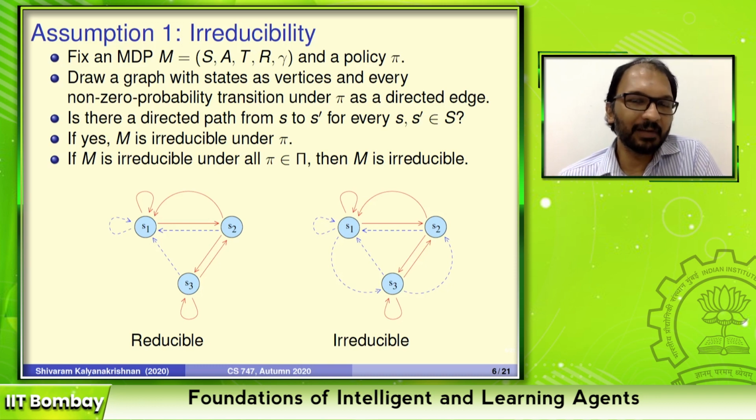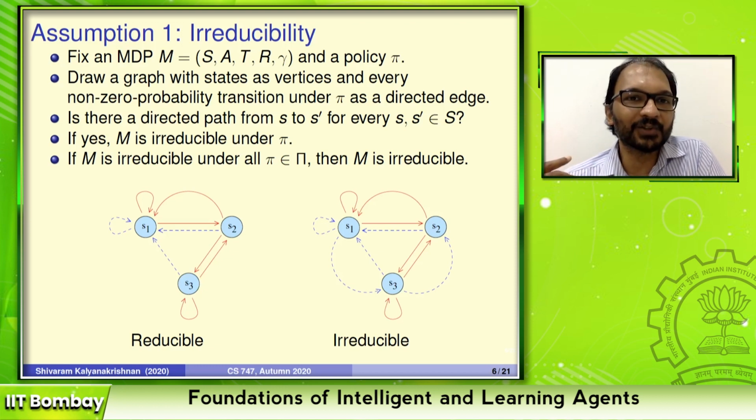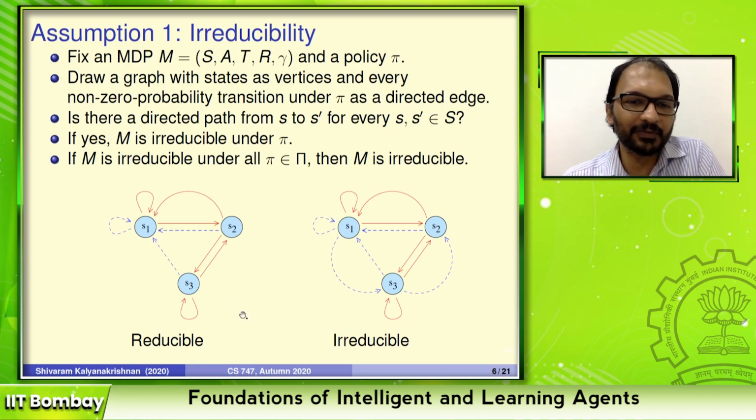On such an MDP, it's really not feasible for us to learn the value of taking action blue from S3. It will happen only once. You are not sure whether it's a deterministic transition or you just got lucky, but you're going to be trapped in S1 forever. So on such an MDP, how is it even possible for you to learn from your history what is the value of S3's action, or S2's action?